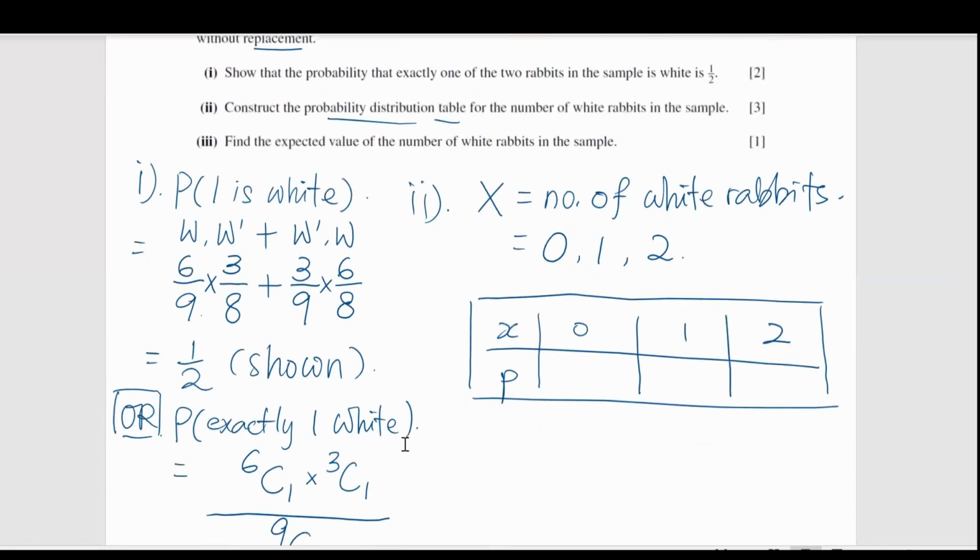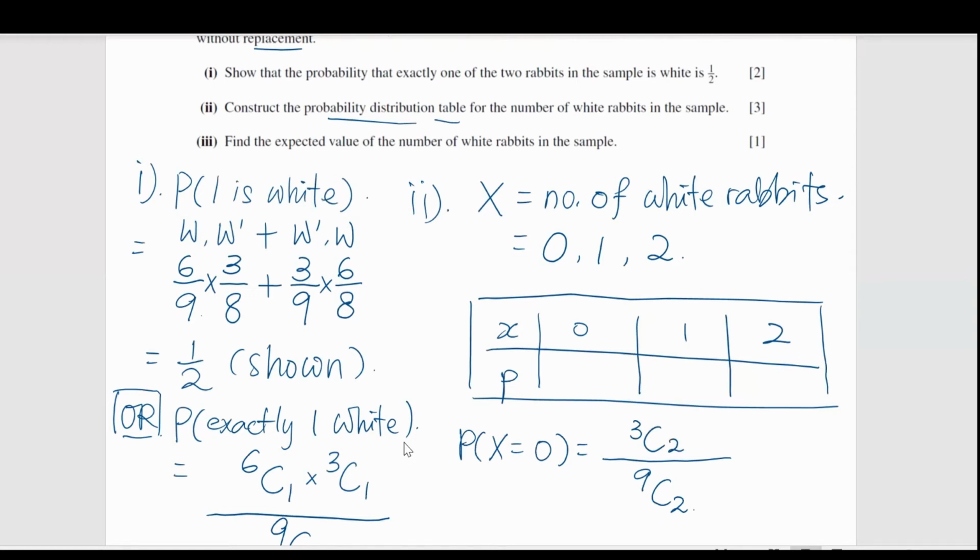So now we need to figure out the probability when X equals 0. We know it means out of 2 rabbits selected at random, none of them is white. So the total number of ways of selecting 2 rabbits without any restriction is 9C2. And the numerator must be the number of ways of getting 2 rabbits that are not white, which means out of the 3 not white rabbits, simply choose 2 of them.